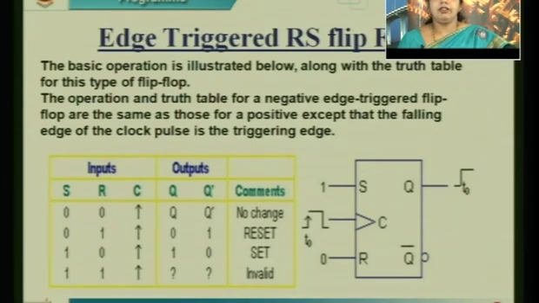If I give the 1-1 combination for S and R, it is an invalid, indeterminate condition, as we discussed in the previous session. So this is the representation of the edge triggered RS flip-flop with positive triggering, where I give a 0 to 1 clock transition, and the flip-flop responds to this transition.